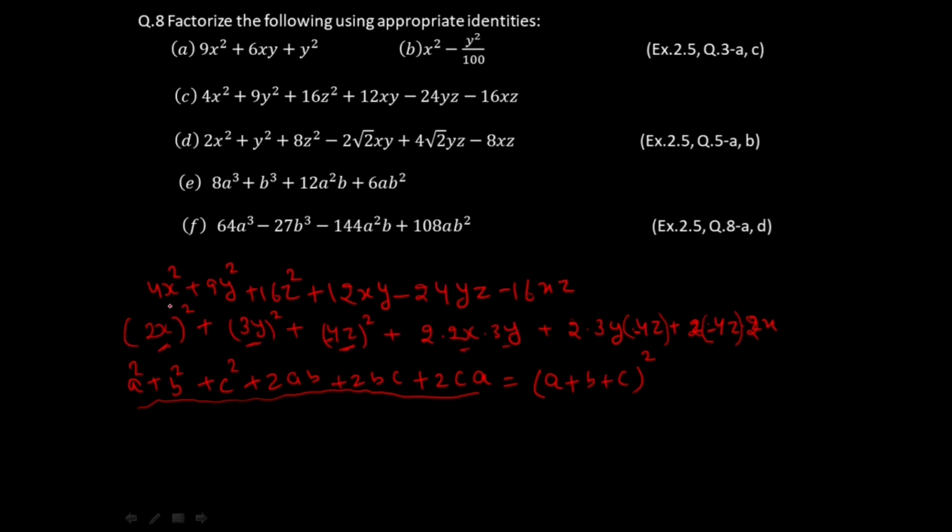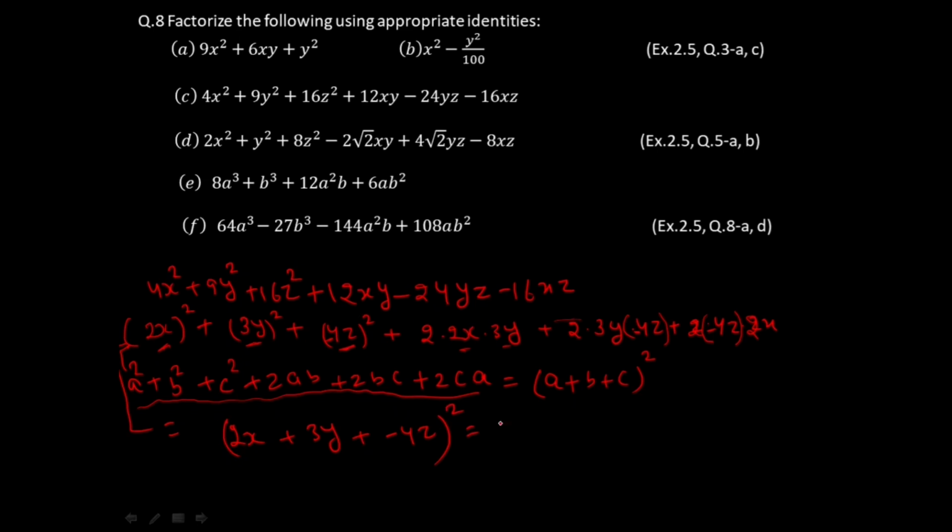If I assume this, this whole given question can be written in this form. And this form is nothing but this one. This will be (a plus b plus c), c is minus 4z, whole square.